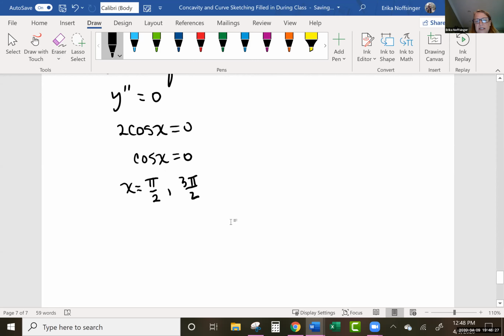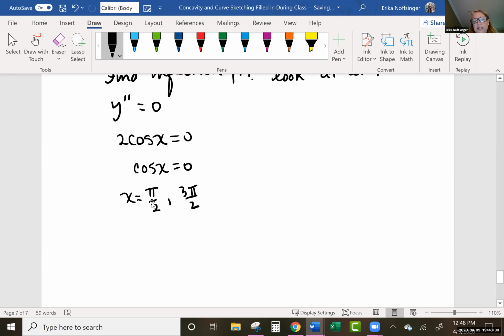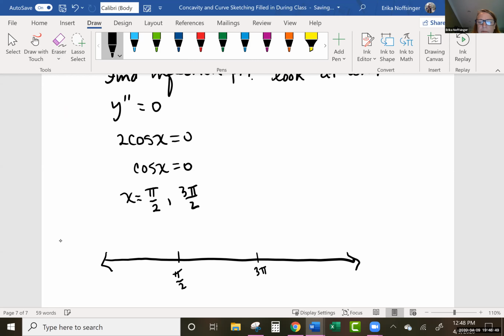And so we could test, these are only inflection points if it changes concavity on either side of these. And so we actually need to test to see if they're actually inflection points or not. There's an infinite number of things that make cosine of x equal to 0, but we are limited to our domain between 0 and 2 pi. So again, we're plugging this into our second derivative.